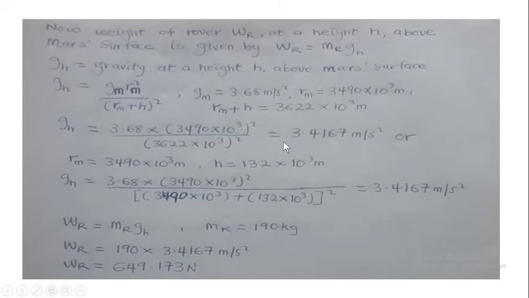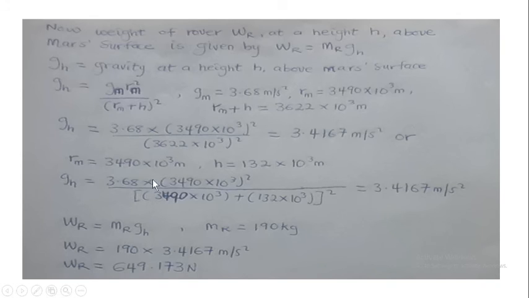And when you punch your calculator very well, you will get 3.4167 meters per second squared to be the gravity at that height. Or if you don't want to use this expression and put it in, you can separately slot in the values of the radius of the Mars, which is 3,490 times 10 exponent 3 meters, and then the height, which we have determined to be 132 times 10 exponent 3 meters.